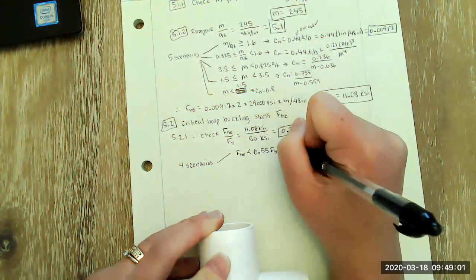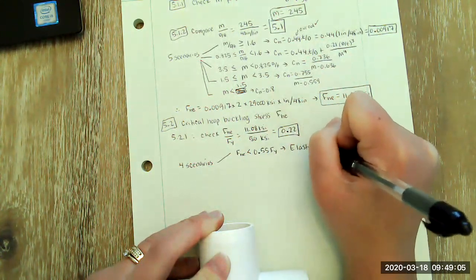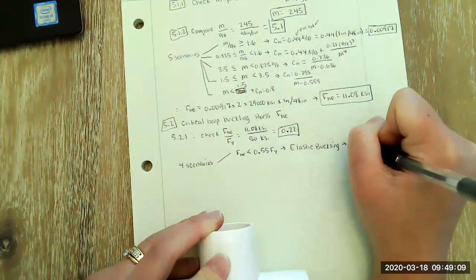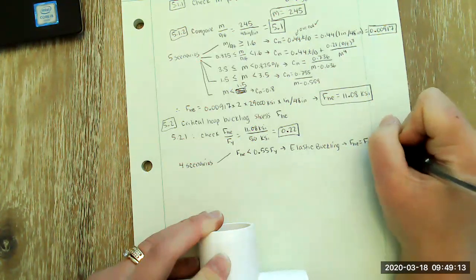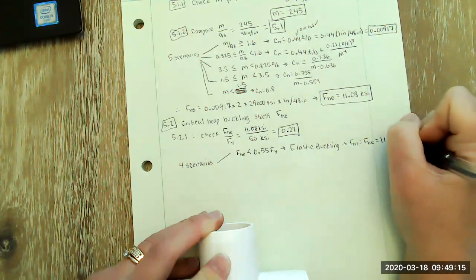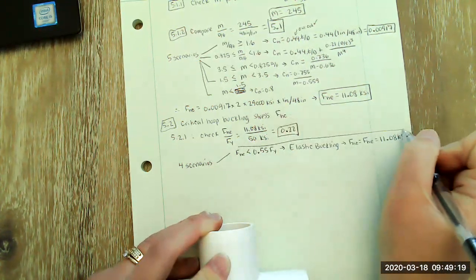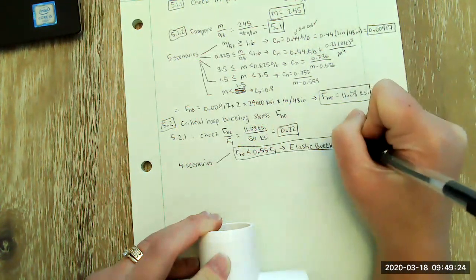This tells us that we will have elastic buckling with F sub HC equals F sub HE, which is equal to 11.08 KSI. Again, this is the scenario that we are in with our column.